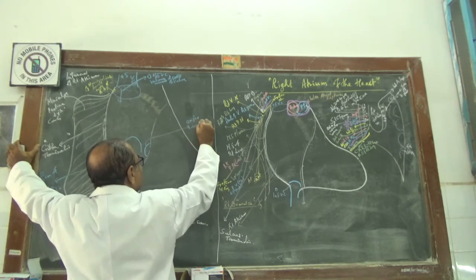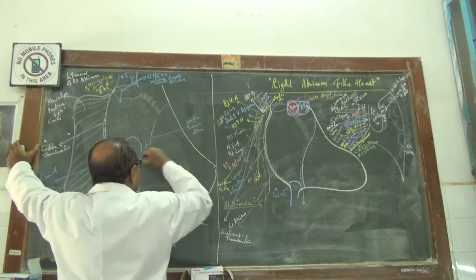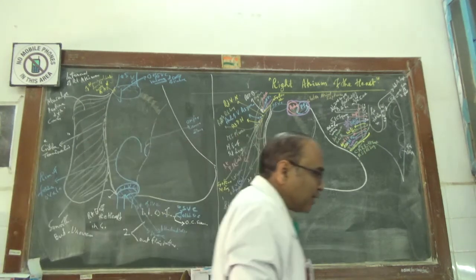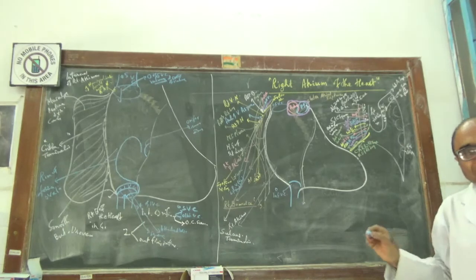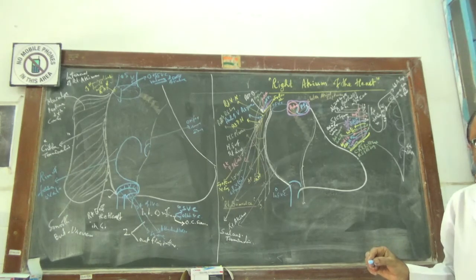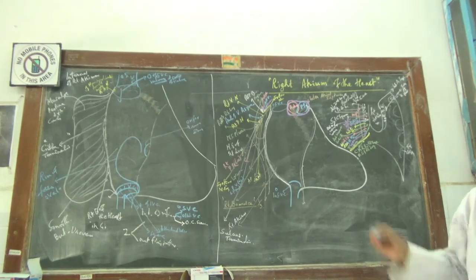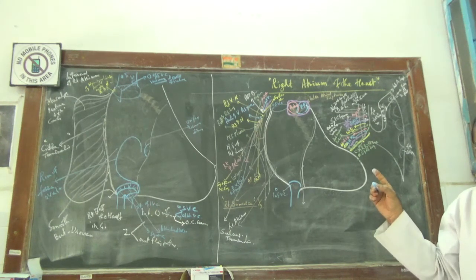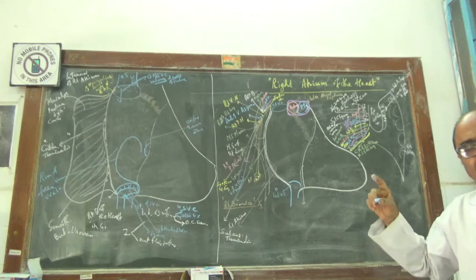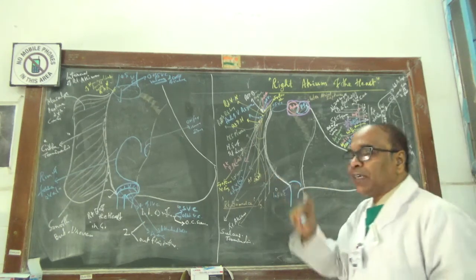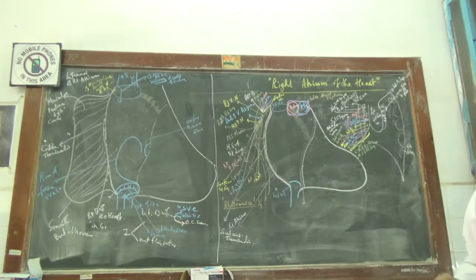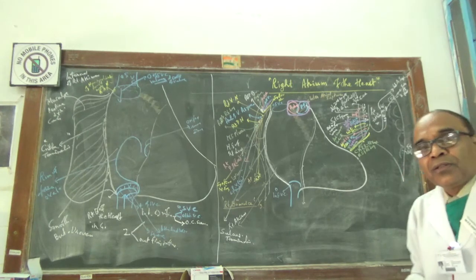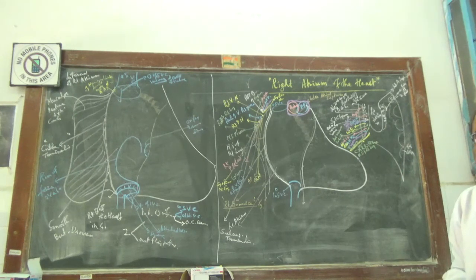Now this coronary sinus orifice carries to the right atrium the deoxygenated blood which has been drained from the heart itself, through the cardiac veins.